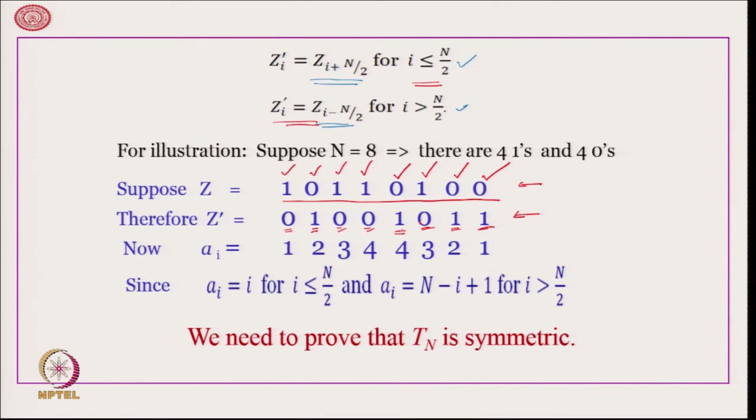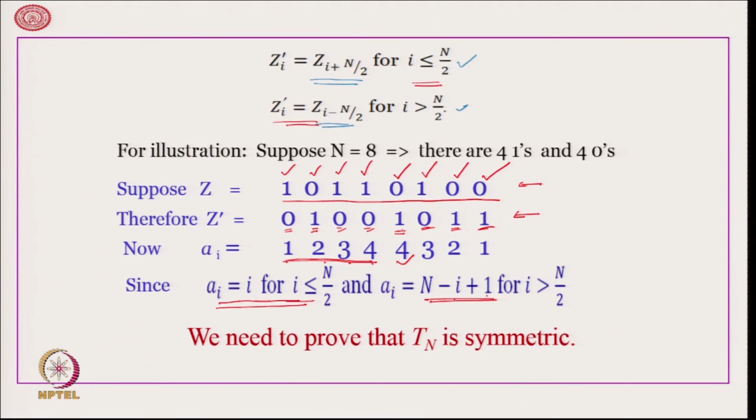Now, therefore, the weights are going to be a_i equal to i for i less than or equal to n by 2. Therefore, for the first 4, the weights are 1, 2, 3, 4, and a_i is equal to n minus i plus 1 for i greater than n by 2. Therefore, when i is equal to 5, it is 8 minus 5 plus 1, therefore, 4.